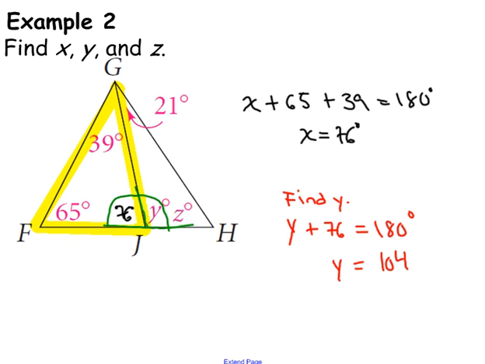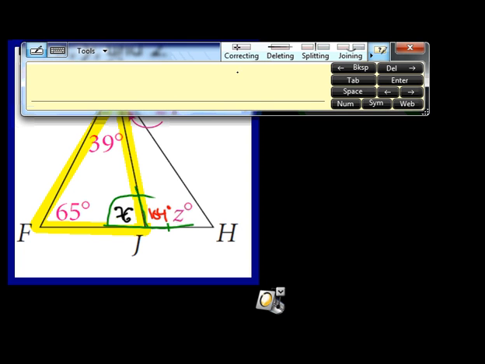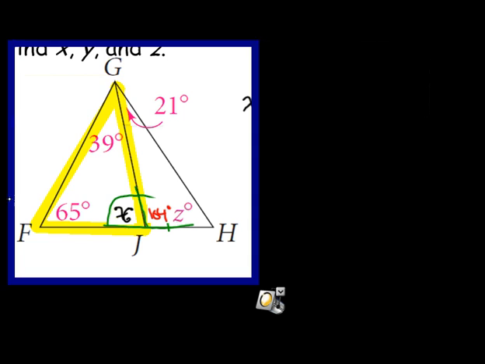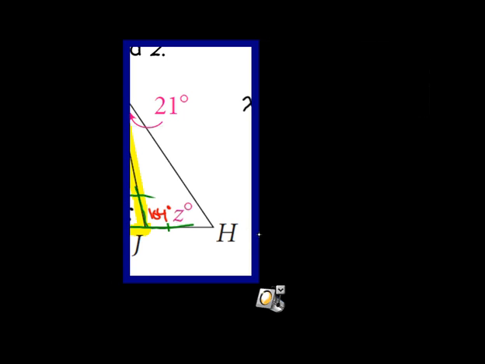Okay, now we have to find z. Find z. All right, so before I find z, I'm just going to go ahead and label this angle here 104. So this angle here is 104 degrees. All right, so let's find z. This time I want to focus on this triangle here.